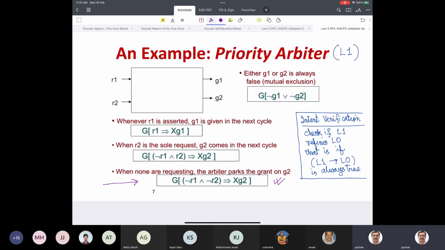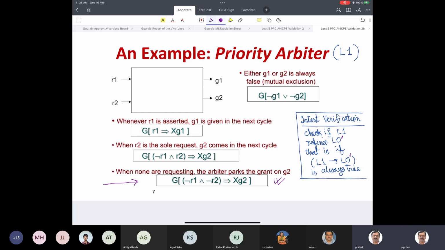Now, we know that L0 was originally inconsistent, so it cannot be used. It was refined to L0 dashed, which was consistent but not complete. Now we want to check: if I refine it to this L1, does it violate anything in L0 dashed?